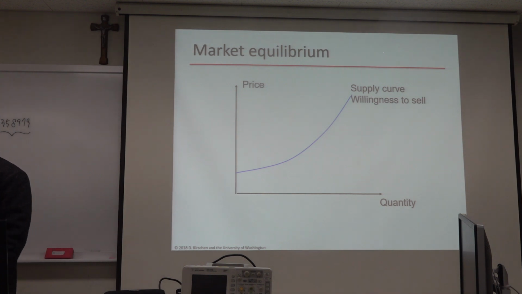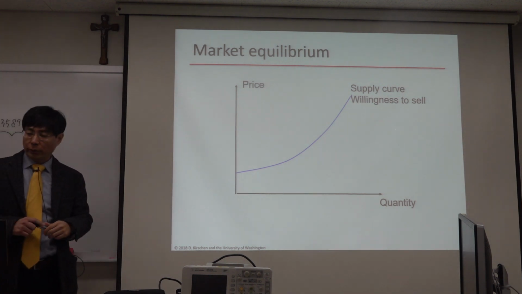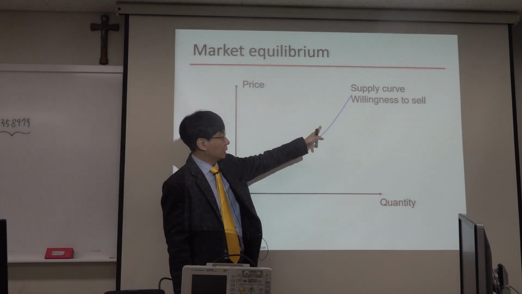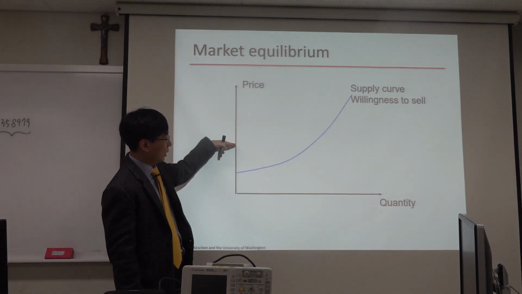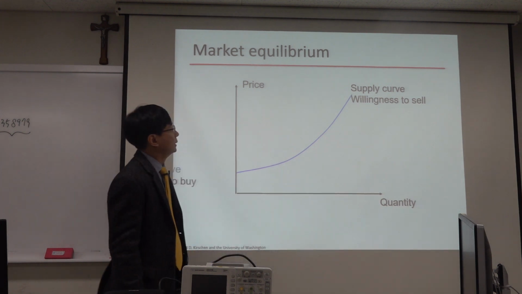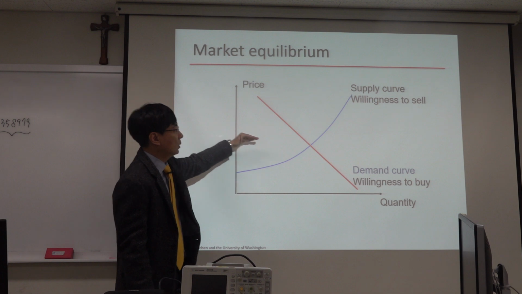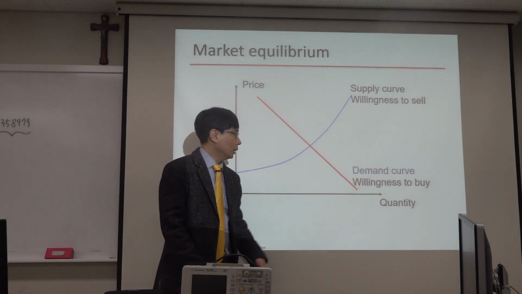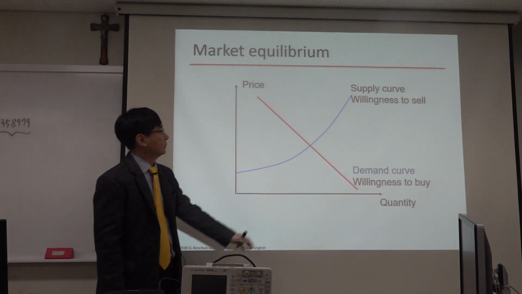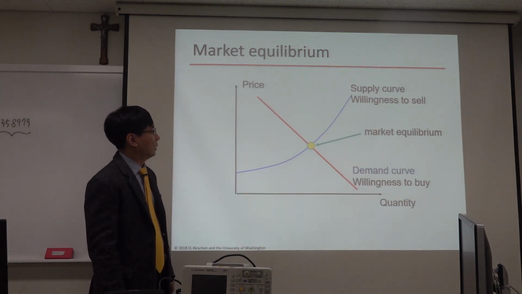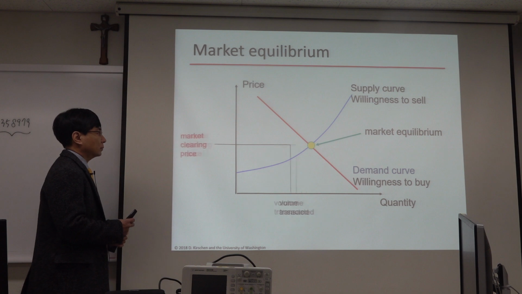So let's talk about market equilibrium. So this is a supply curve, which says the willingness to sell at some price, how much I want to produce. And this is the demand curve, at some price, how much I'm willing to buy. And they meet at some point, and this point is called market equilibrium.